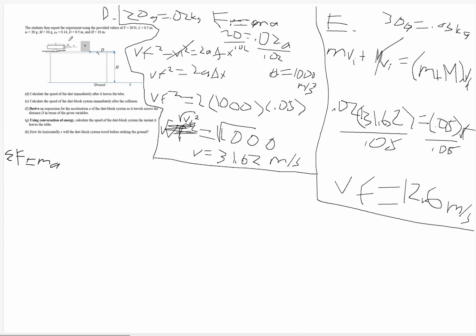Since there would be no other force, because after the dart hits, there's no other force that acts on the block, net force is really only Fk, since Fk is the only force acting on it. Fk is equal to M A. So what is Fk?